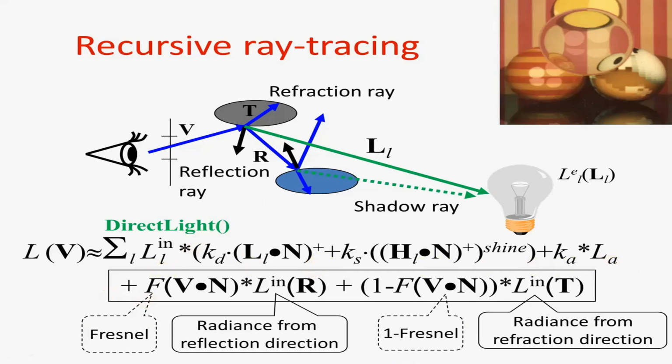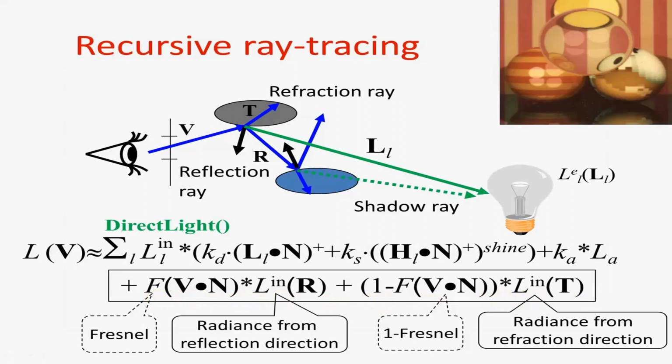However, for optically smooth surfaces, the reflection of the radiance from the ideal reflection direction is computed, and for transparent objects, also the refraction of the radiance coming from the ideal refraction direction is computed. According to physics, the scaling factors are the Fresnel function or 1 minus Fresnel function respectively.